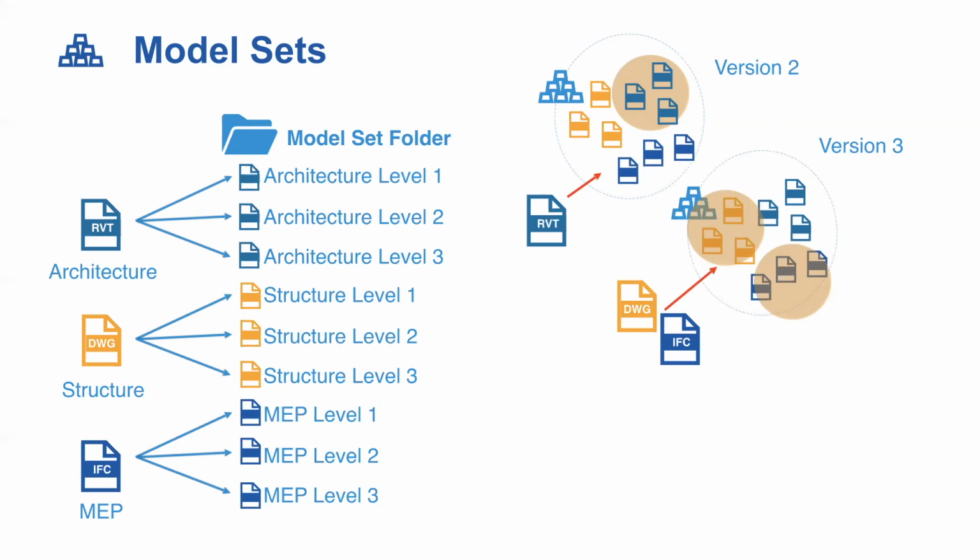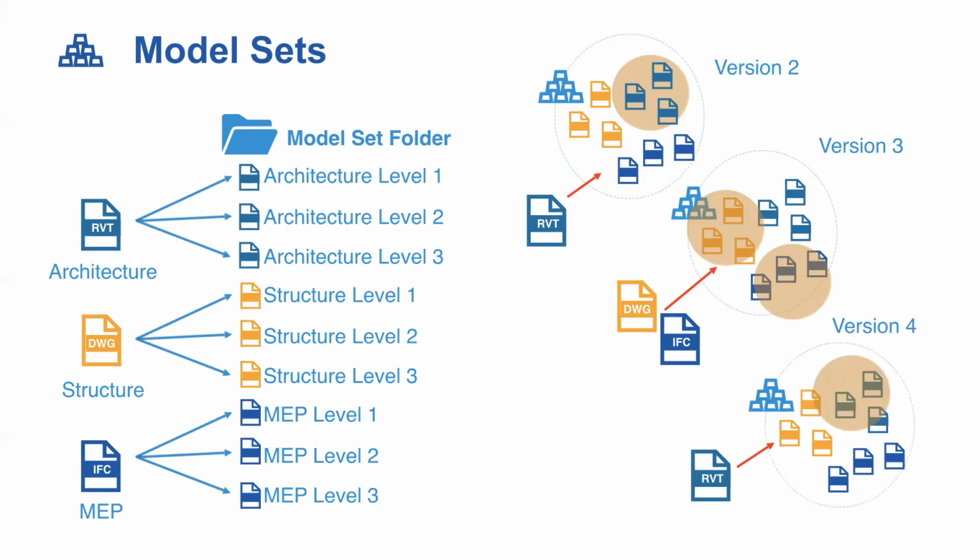But after it finishes the previous clash test, clash detection, and coordinating, it will check if there is any new update available. If yes, it will trigger one more round of coordinating. Similarly, it will have a series of coordinating versions. So we say a model set version is a snapshot of the status of the models in this collection.